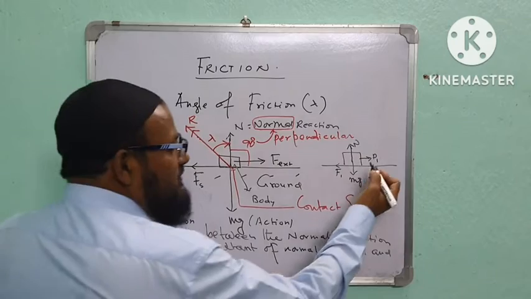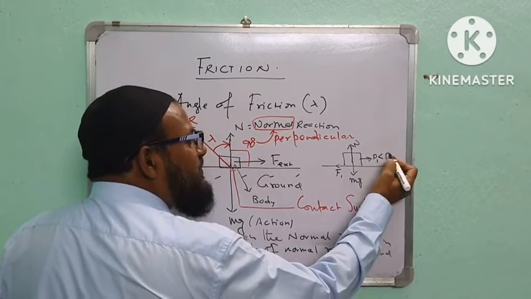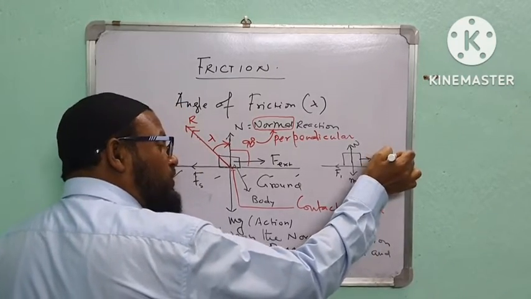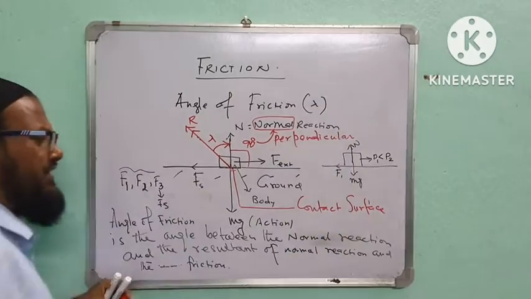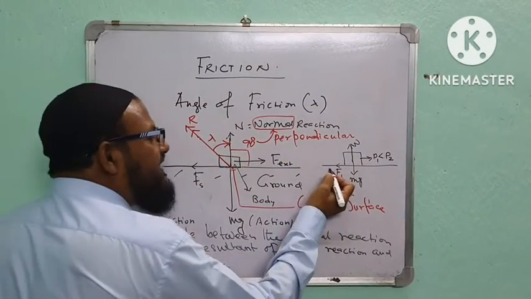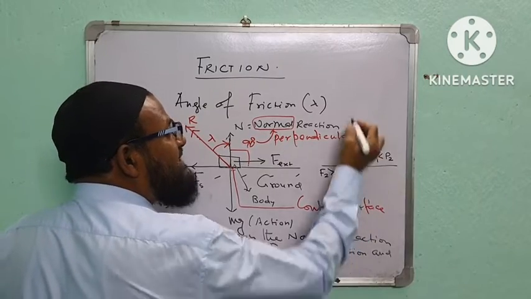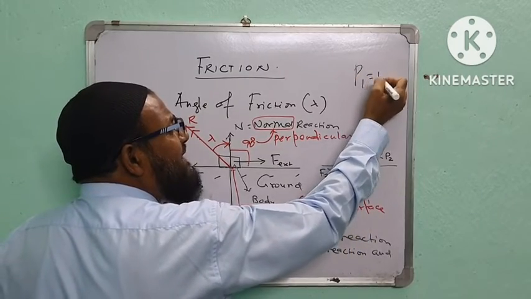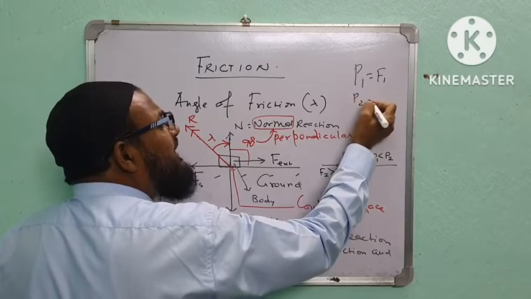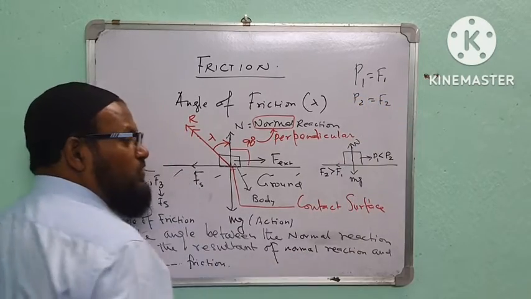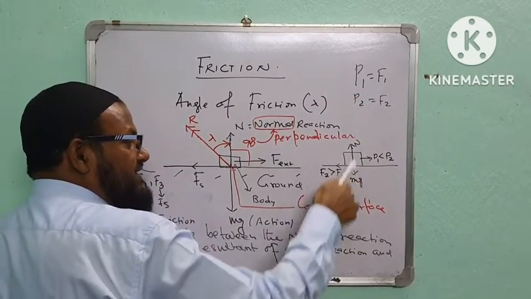Now increase this force. Now this is P2. Again the body is at rest. In this case friction is F2. P1 is balanced by F1, P2 is balanced by F2.